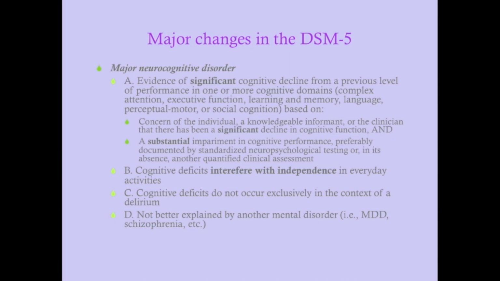So patients who have delirium may appear to have dementia or amnestic disorder, but if it occurs exclusively within the context of delirium, it is not a neurocognitive disorder, it's delirium. However, it's important to remember that patients who have dementia or amnestic disorders that fall under this category of neurocognitive disorders certainly can have delirium at times.